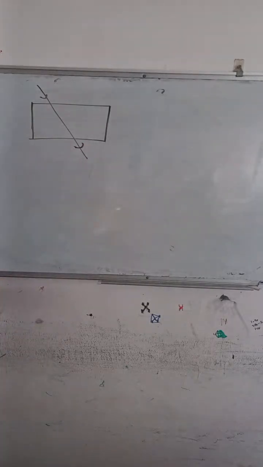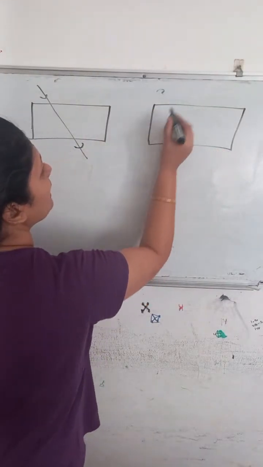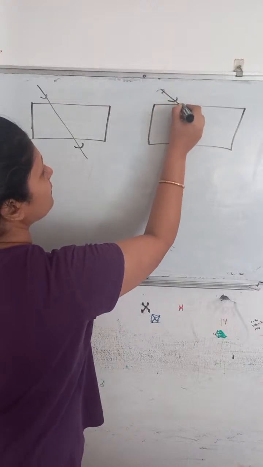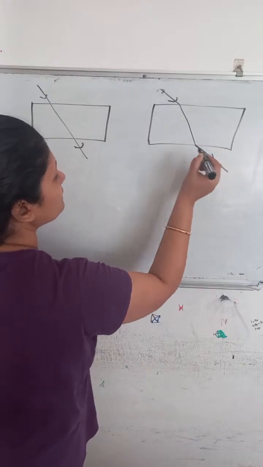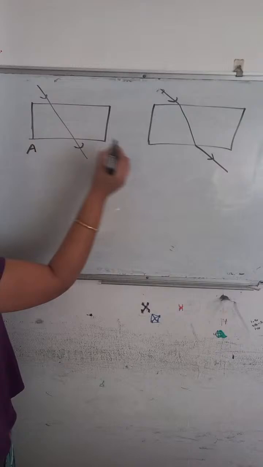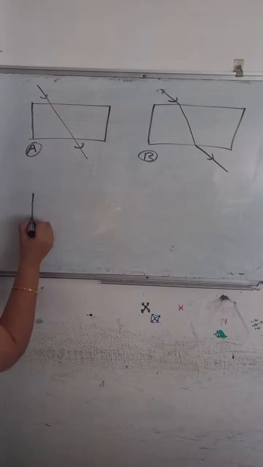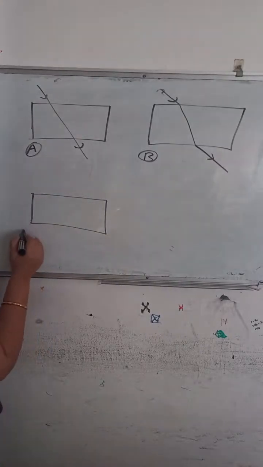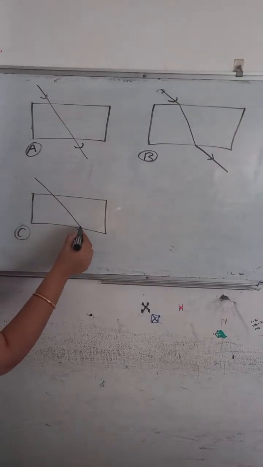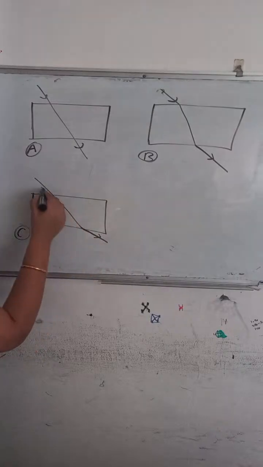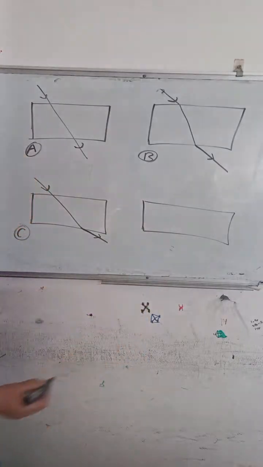This is figure A. This is the second figure, B. Then the last options, C and D, are given like this.